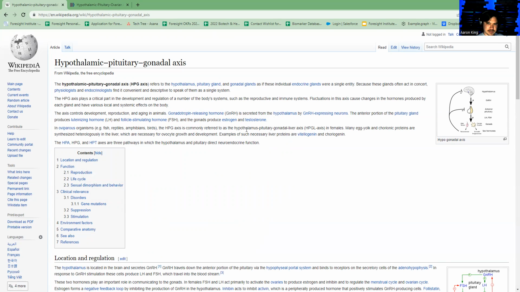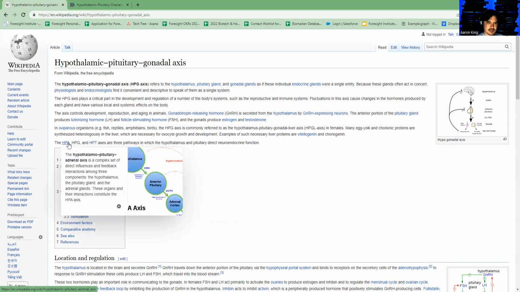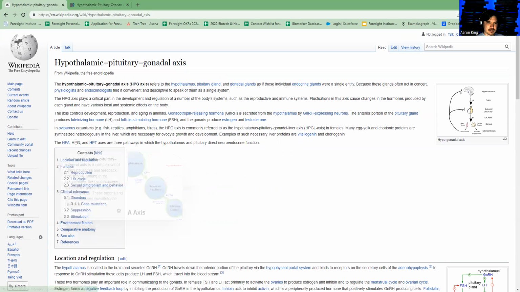Liver. The hypothalamus and pituitary direct neuroendocrine function. Adrenal.